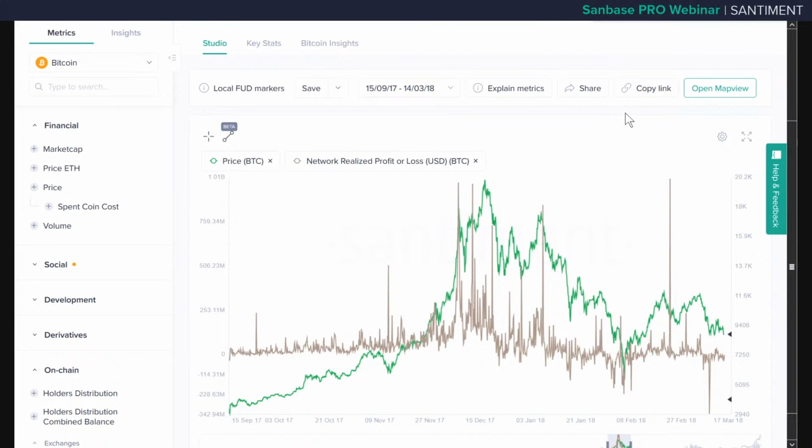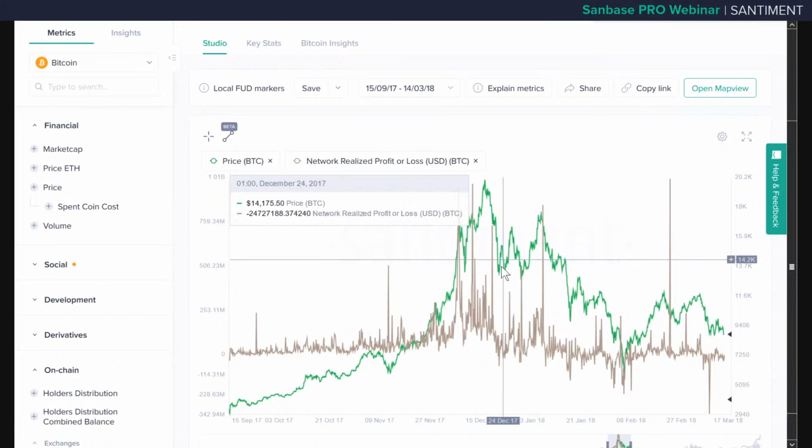The main thing with network realized profit loss at the top is that people will stop taking profits, or there will be a strong divergence. Like you see here, price was pushing up, and we did see very nice profit taking on previous tops, I think in September, October and November.